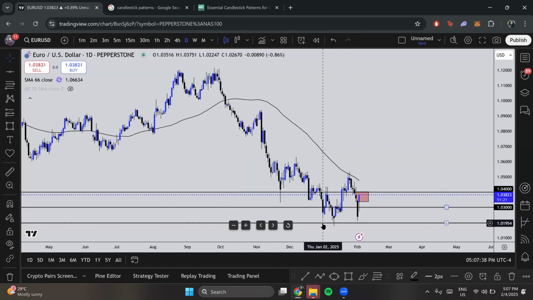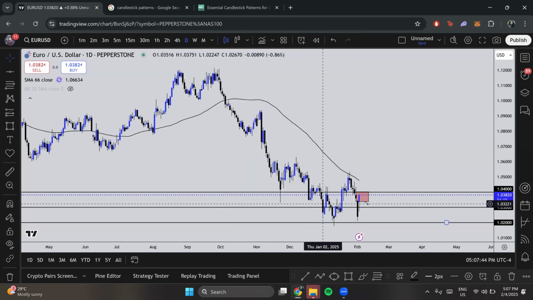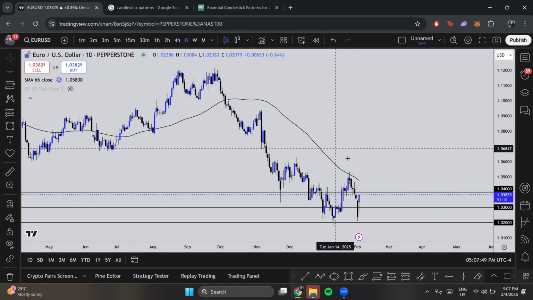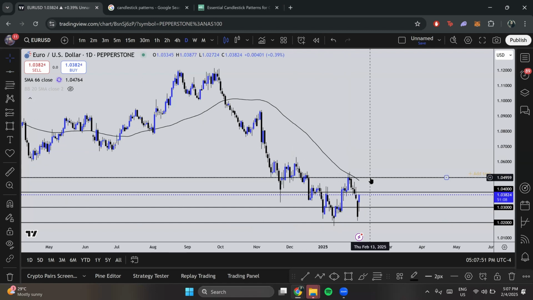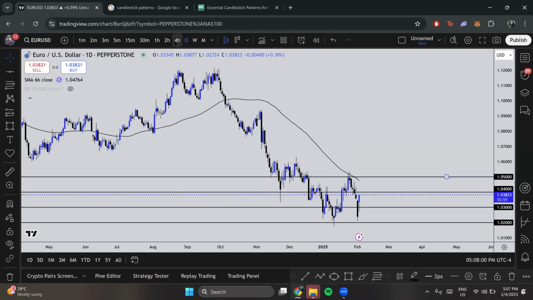And I just make sure that you're seeing it. And we put one more because of the price. Alright, so those are the 100 pip levels.